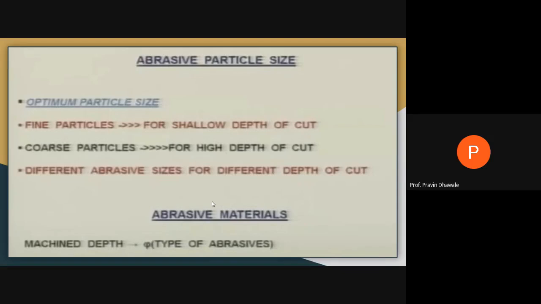If fine particles are used, shallow depth will be observed. If coarse particles are used, it will show a higher depth of cut.